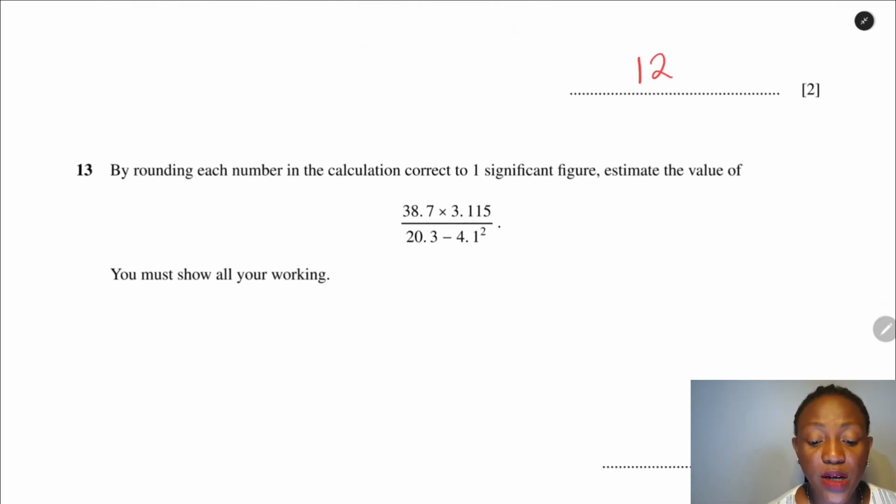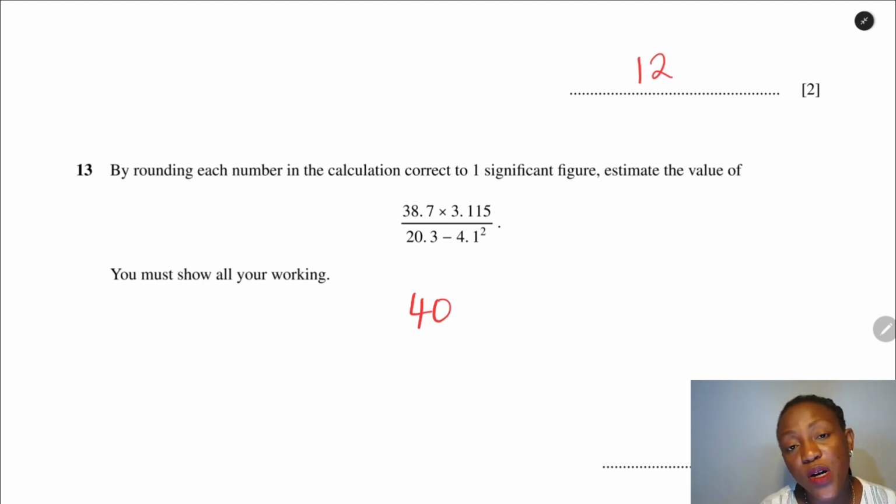By rounding each number in the calculation correct to one significant figure, estimate the value of this number. The very first number there is 38.7. So if we're going to round that to one significant figure, it's going to be 40, because our first significant figure there is 3, and then the number after it is 8, greater than 5, so we round up.